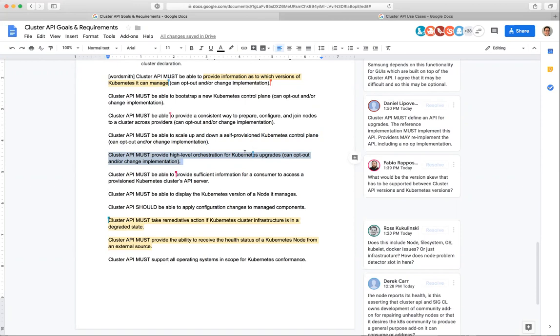So here it looks like the "can opt out" was copied from the above, but I don't think that something could opt out. Maybe we have implementation hooks, but this seems like the core of Cluster API.